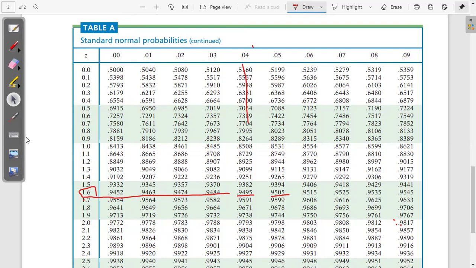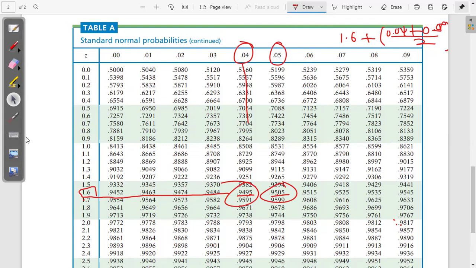Then if I go up, I'm going to find 0.04, 0.05. So it is 1.6 plus 0.04 plus 0.05. Then we divide it by 2 because this one is close to 0.95 by the same margin as this. So if you watch the question, I don't know if it's question 4 or question 3, you understand why we are doing this.